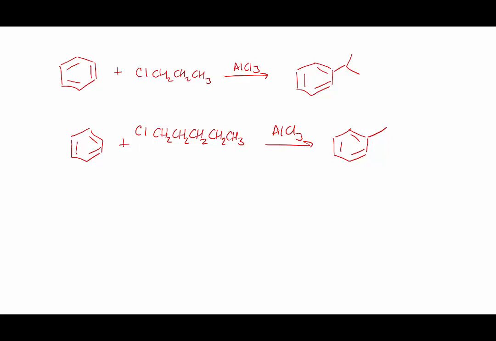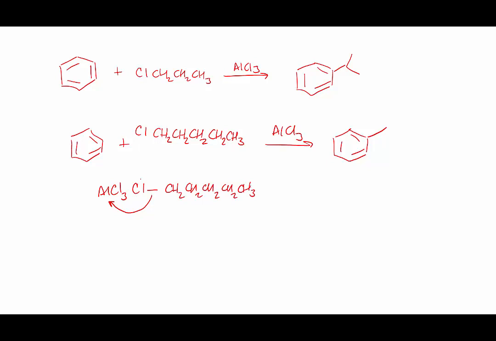Now, you'll get something out of it because Hammond's postulate says you'll lower the activation energy a little bit. So you'll get that, plus you'll get the energy being lowered. So in this case, what's going to happen is this. The aluminum trichloride is going to, the chloride's going to take its pair of electrons and give it to the aluminum.